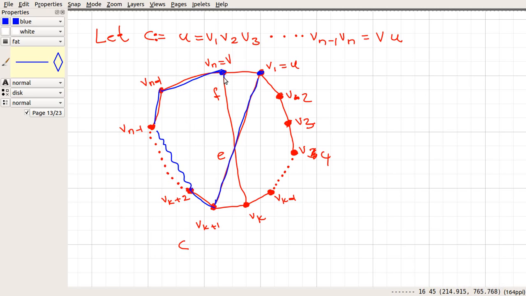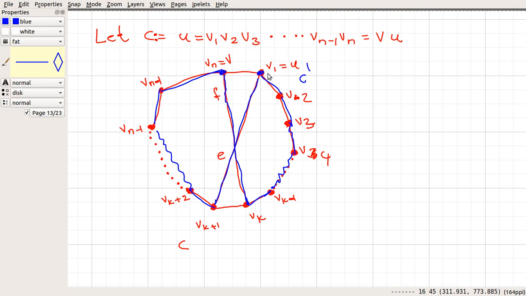From here it uses this edge F, and from F it moves to Vk, then Vk minus 1, and it uses this portion of the cycle. From V4 it moves to V3 here. Now we have a different cycle, let's call that cycle C dash.